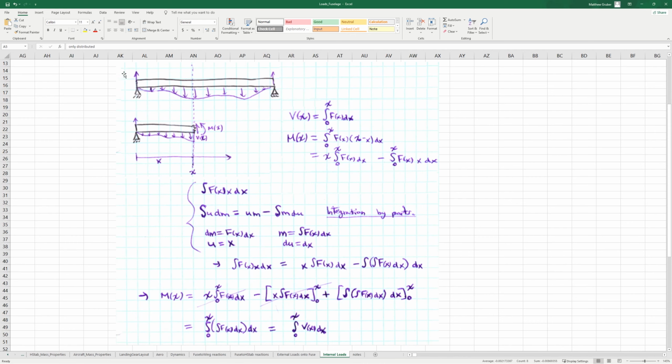This distributed load and these point loads, the reactions here are the f of x, and if we were to sample at any point along the structure, then we know that the resultant forces within the structure, this V and M, have to make sense if we're looking at either side.